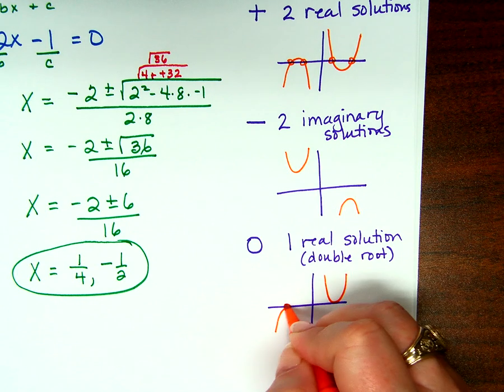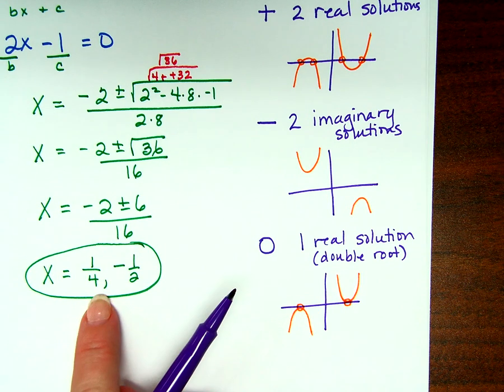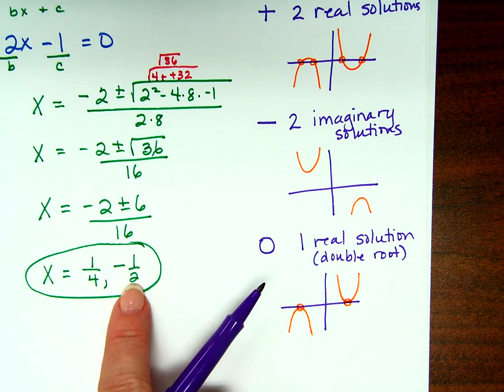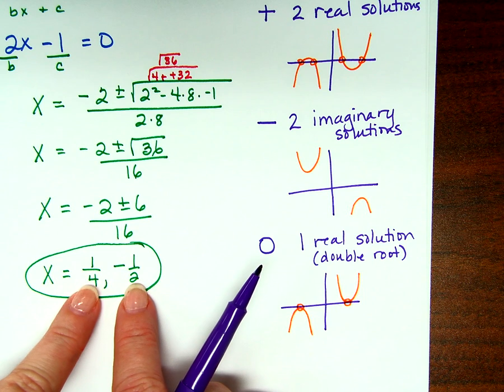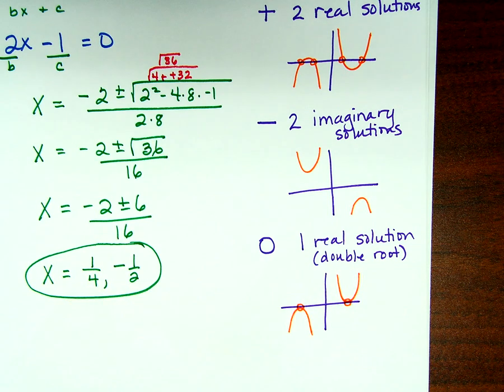It touches the axis at one place, right at its vertex. Instead of two different answers, you're going to end up with 1/4 and 1/4. There's only one real solution because 1/4 is the same number, but it's there 2 times. Does that make sense? Any questions about discriminants?